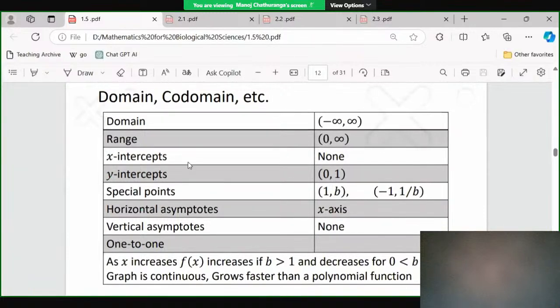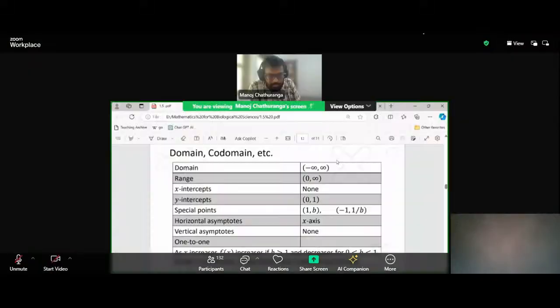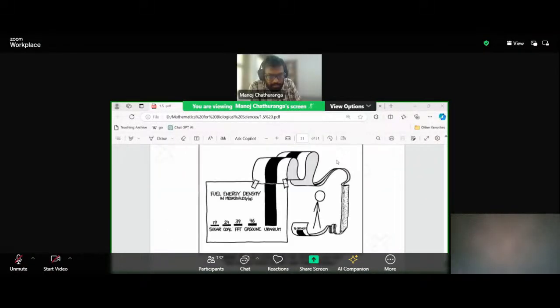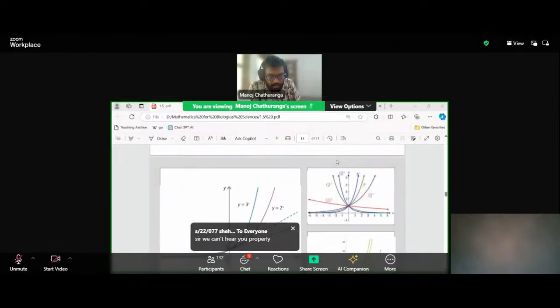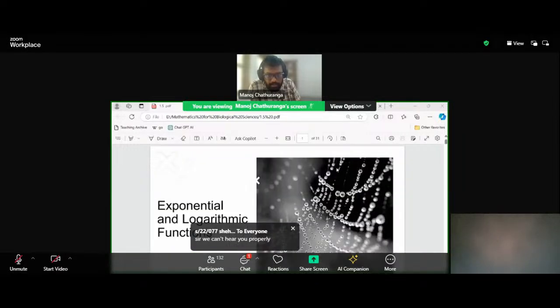Do you have any questions about solving exponential equations? Okay, somebody wants to go back and see the rules about exponential functions. Right.